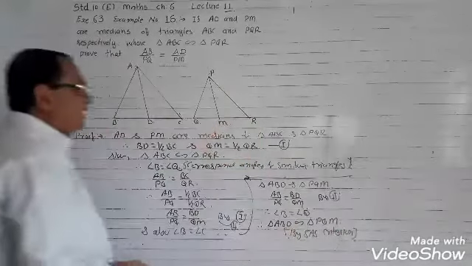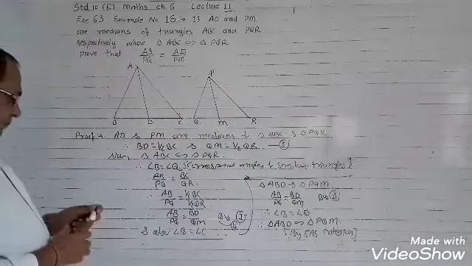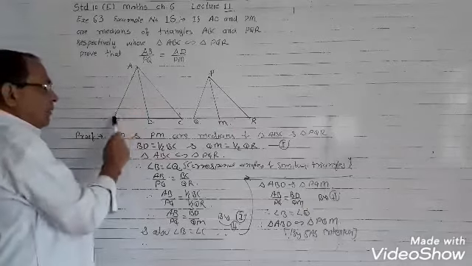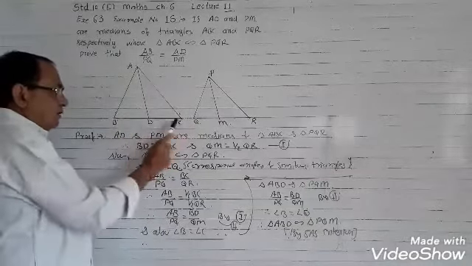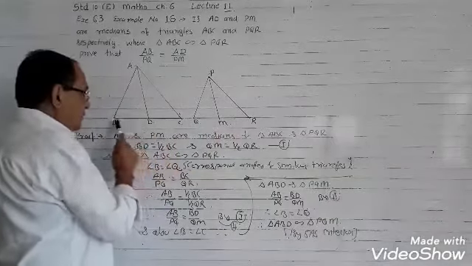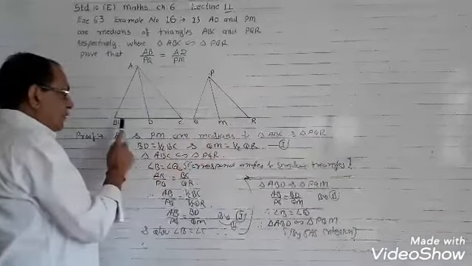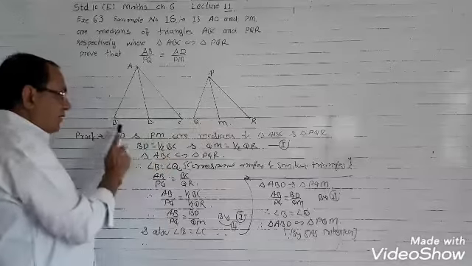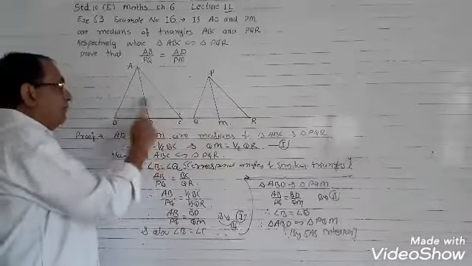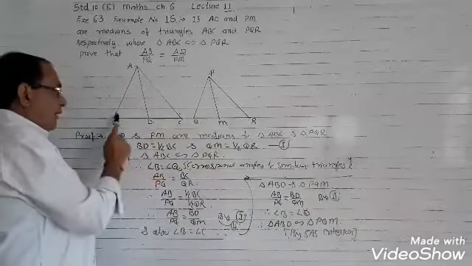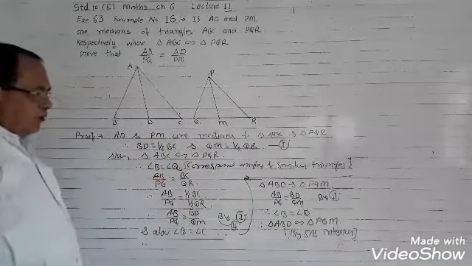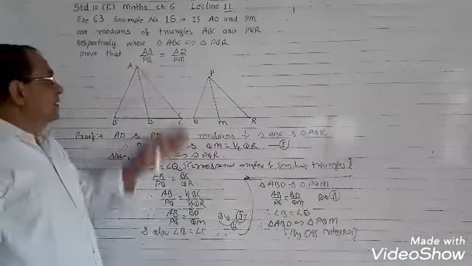Okay, very simple. AB upon PQ is equal to BC upon QR, that is, BD upon QM, and angle B is equal to angle Q. So according to SAS, both the triangles are similar.